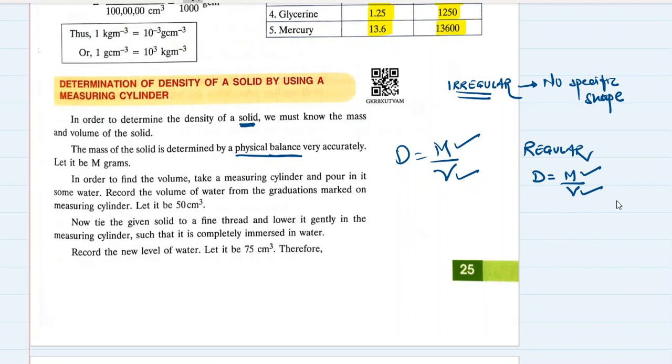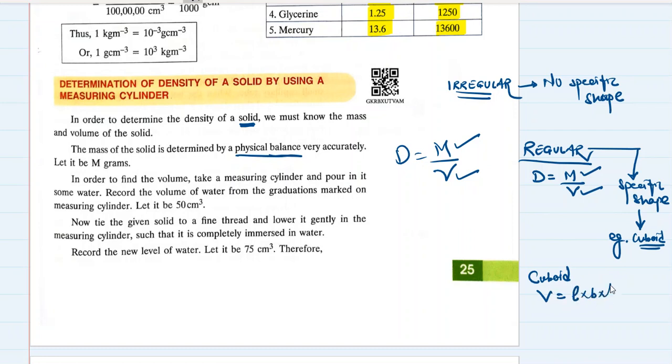No need to use measuring cylinder for regular solids, because regular means it has a specific shape. For example, regular shape means cuboidal shape. Cuboid. Okay, so a cuboid can be used and its density could be found, and the volume of cuboid is length into breadth into height.